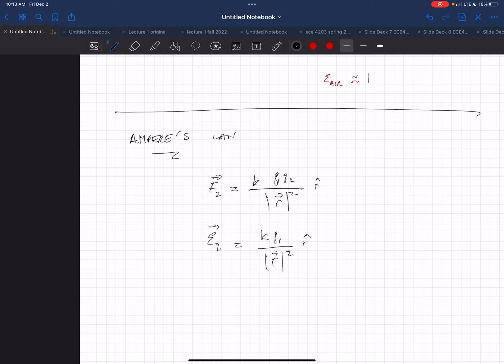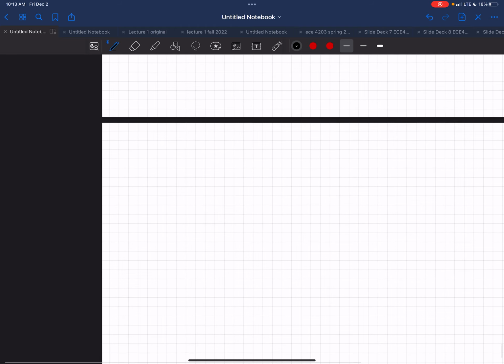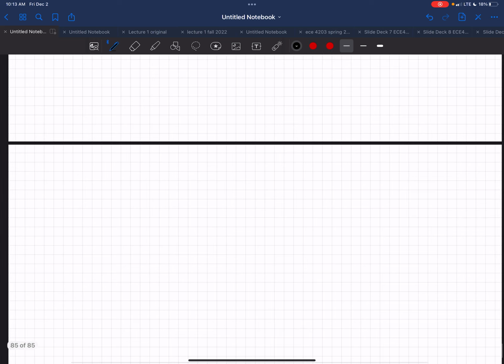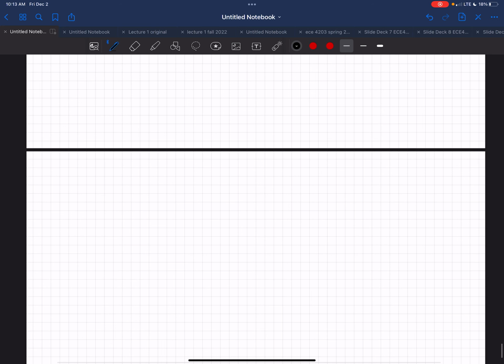Then the next thing is people discovered, and I don't know who discovered it, something called the Biot, and I'm probably mispronouncing that, Savart law. So back to magnetism.